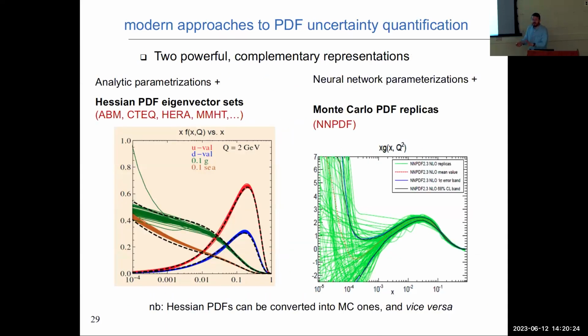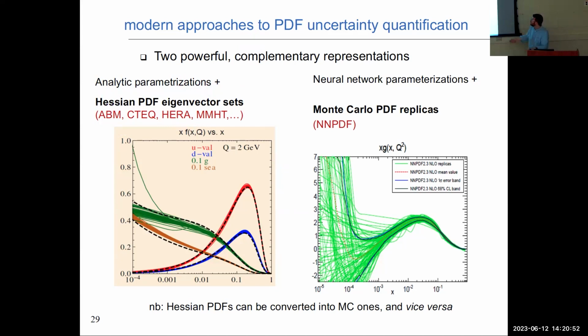As I've just said, there really are two main families of approaches. There's the one that is our default inside CTEQ, where you have an analytic parameterization. The important point on that side is that if I want to understand the uncertainty, that is to say the shape of the likelihood function in the neighborhood of the global minimum, then I get at that information with the Hessian eigenvector set technology.